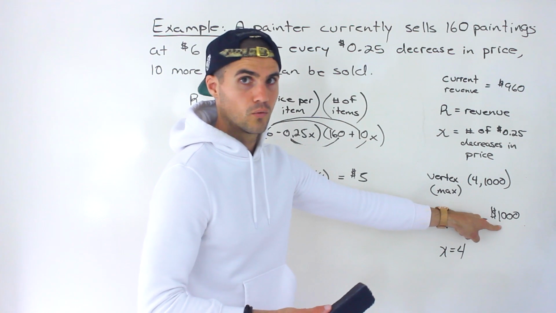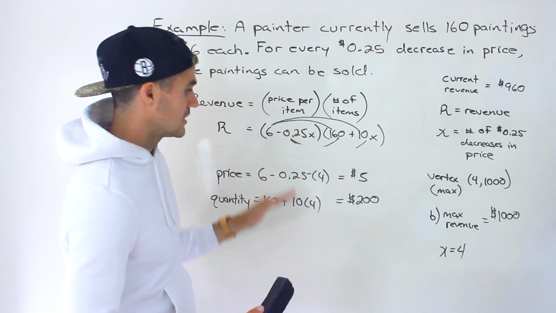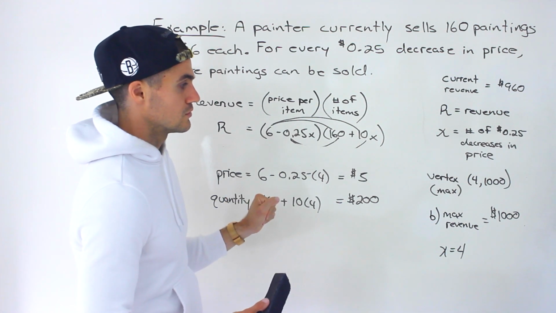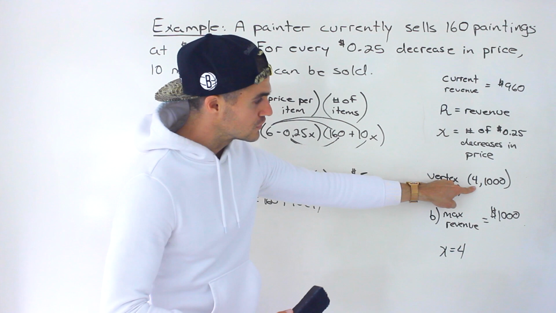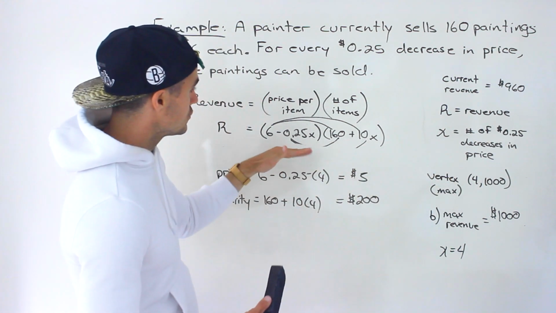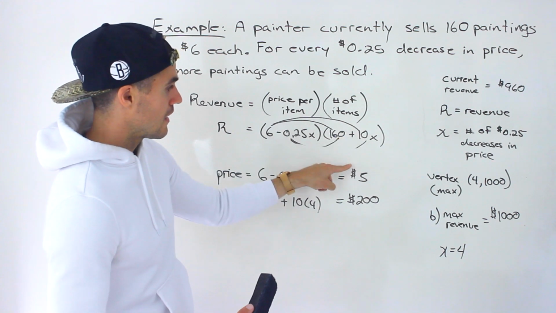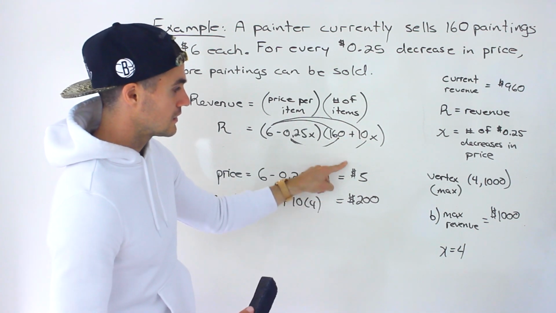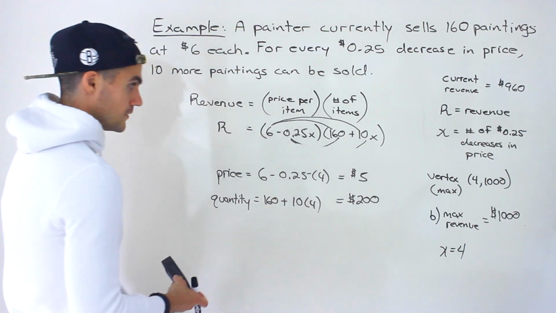We get the 1,000, that maximum revenue, right? So this is actually a nice way to also check your answer, making sure that the x value for the vertex that you get, once you plug it into the price bracket and the quantity bracket, gives you that price and that quantity, and then when you multiply them, you indeed get that maximum revenue.